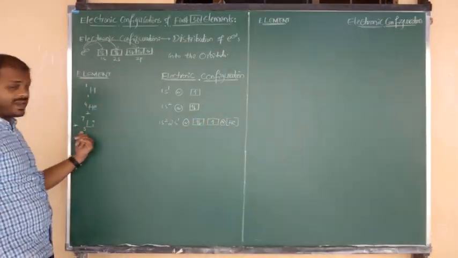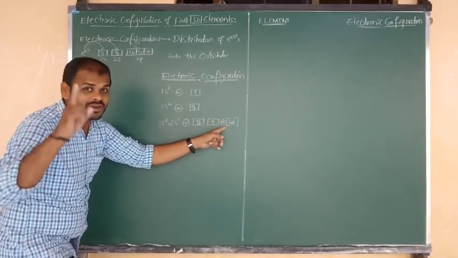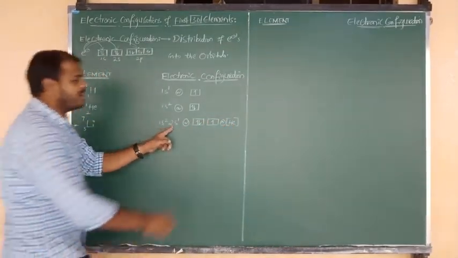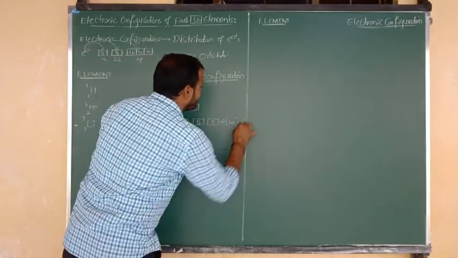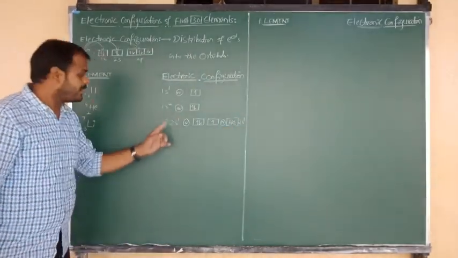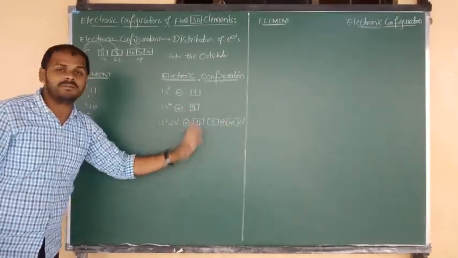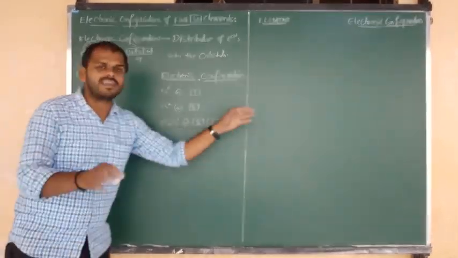Lithium atomic number is 3, helium is 2, so one more electron remains. That one electron is present in 2s1. So helium 2s1 is also another way. So this is nLx notation, this is short nLx notation, this is orbital diagram notation. All three are correct.